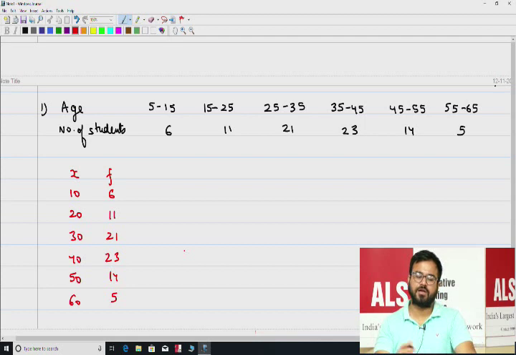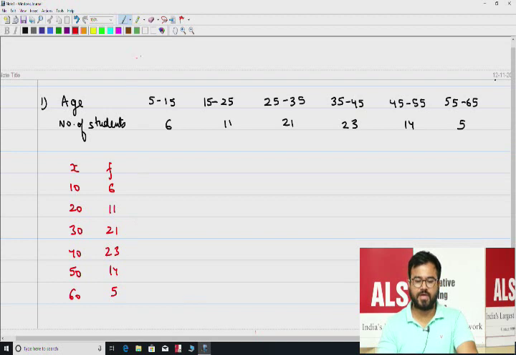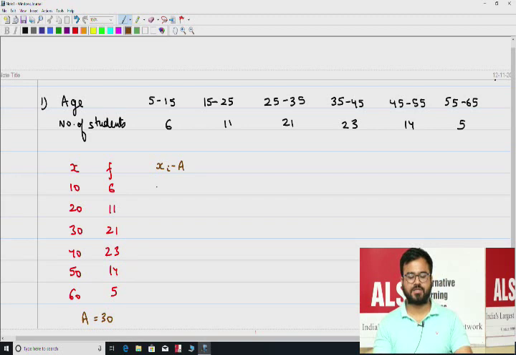Now either we can do it like, whatever value is given, we can multiply them, or we can assume some value of the mean. Let us say we take the value of A, which is our assumed mean. Let us say it has to be 30. So what we have to do over here, xi minus A. So 10 minus 30, minus 20, 20 minus 30, minus 10, then 0, then 10, then 20, then 30.